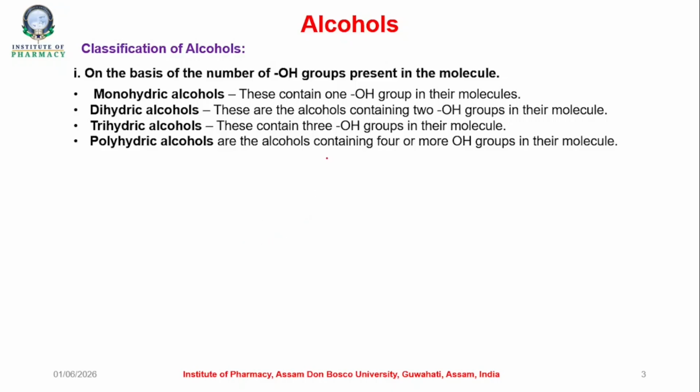Alcohols can first be classified. There is a way to classify them. The first way is on the basis of the number of OH groups present. On that basis we can have monohydric, dihydric, trihydric and polyhydric alcohols.